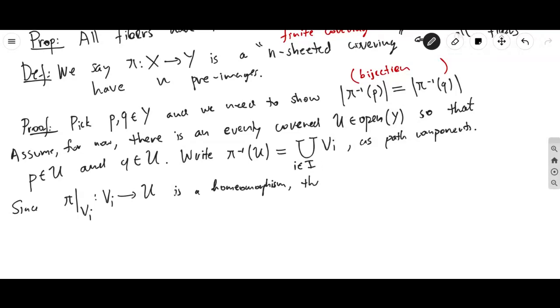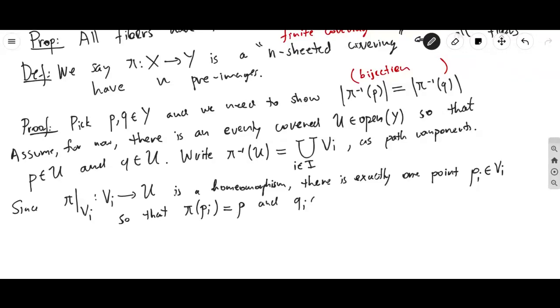there is exactly one point, let's call it p_i in V_i, so that pi of p_i is equal to p, and a q_i so that pi of q_i is equal to q.